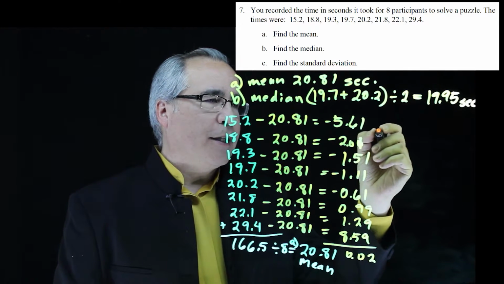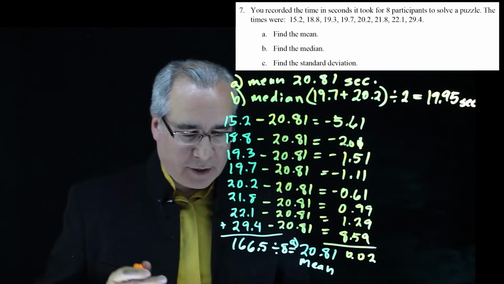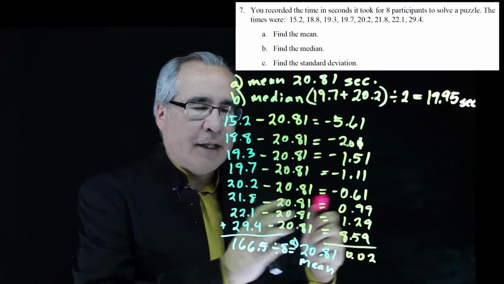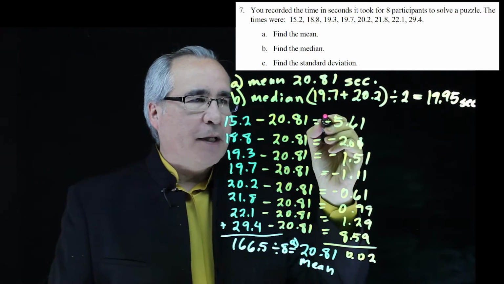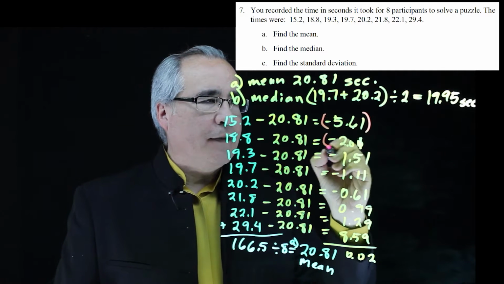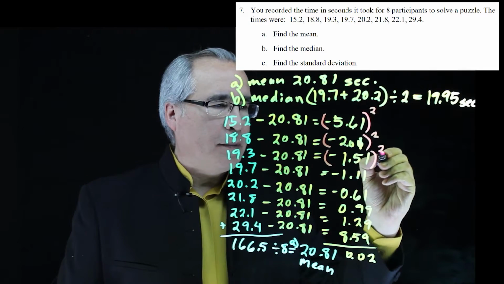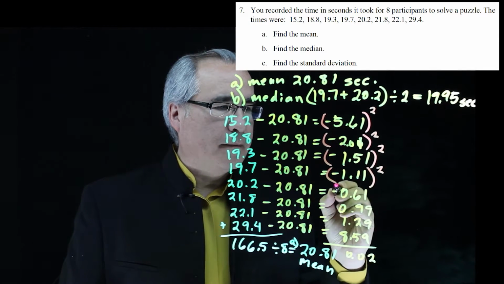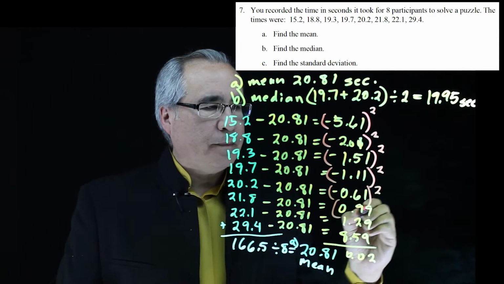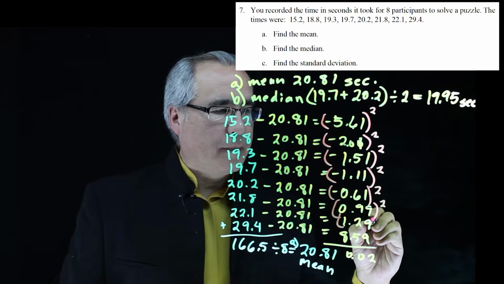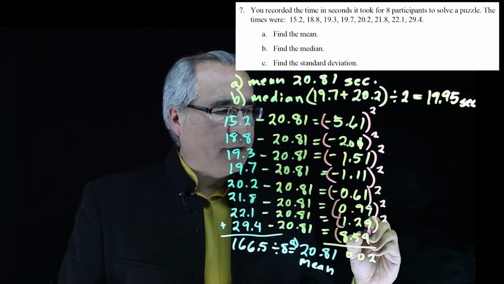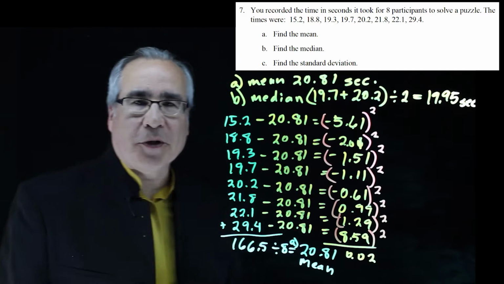So what we do next is we're going to square each of these. Just to save us room, I'm going to take the work that we have and square each of these deviations to the second power. If you're asking why, that's at this point sort of the wrong question.